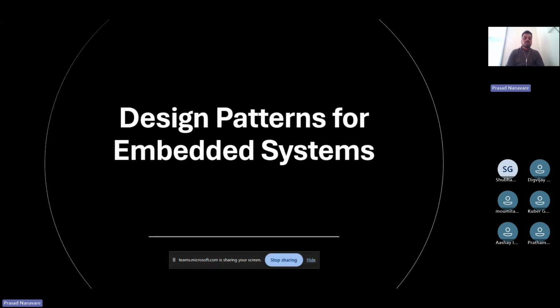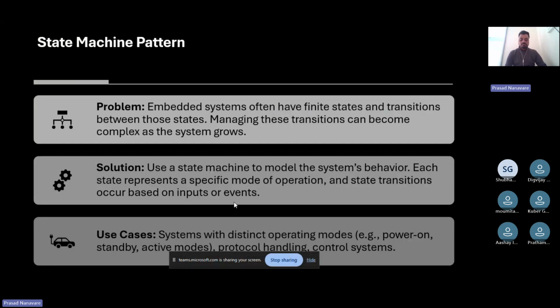Then we got started with design patterns, which are for you to understand how systems are designed, specifically more and more complex systems.